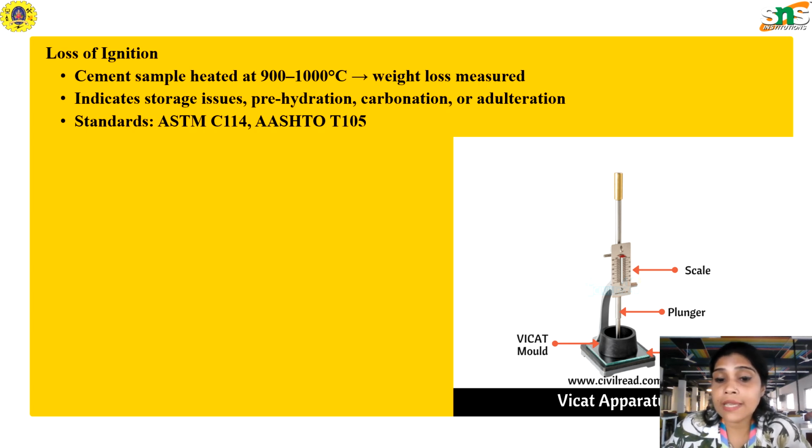For high quality cement, the loss on ignition should be within permissible limits, generally less than 5%. Standards like ASTM C114 and AASHTO T105 provide the testing procedure. A high loss on ignition value is a warning sign that the cement may not perform well in construction, and therefore it should be rejected or used cautiously.